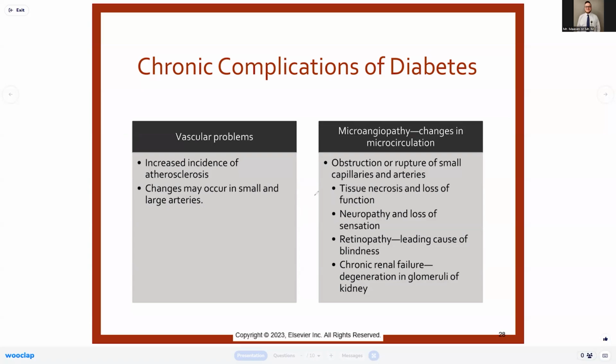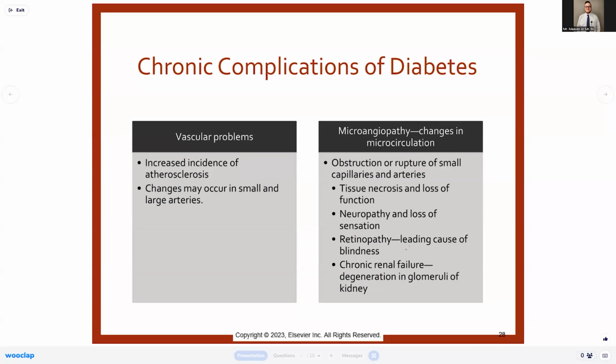So microangiopathy, or microcirculation issues: obstruction or atherosclerosis development or rupture of the small arteries in our tissue. So tissue injuries, necrosis, and neuropathy, lack of blood flow to the nerves, so they have decreases in sensation, pain, and touch on the periphery, hands and feet, for example.